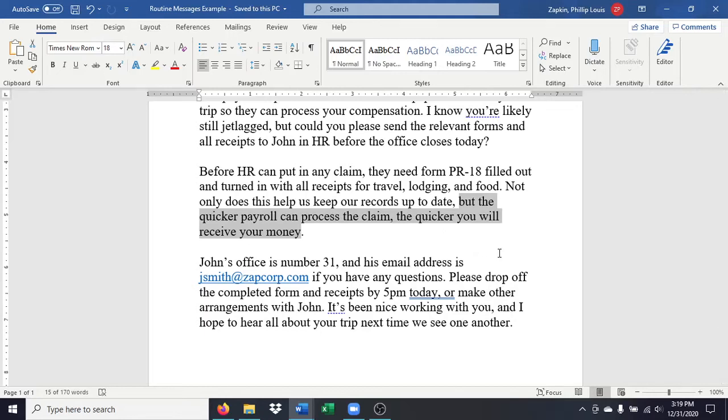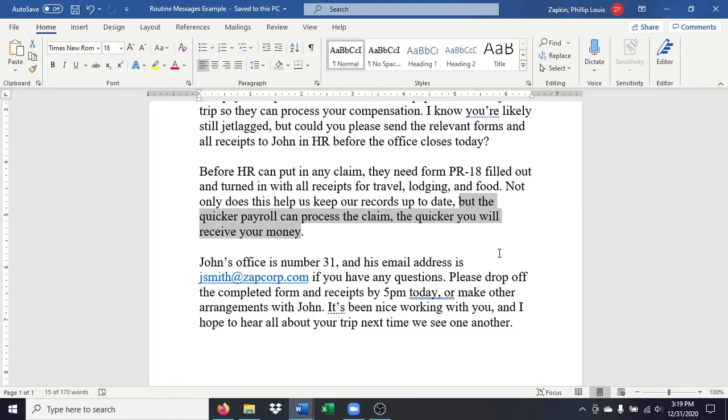If you do this by 5 o'clock today, payroll will process the information and you will get your compensation quicker, which is presumed to be something that she would want. I've applied for travel funding for things before, and it's better when you get it quicker than if you wait weeks or something like that.